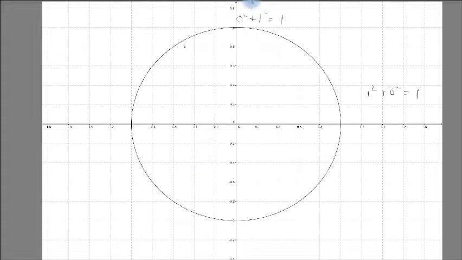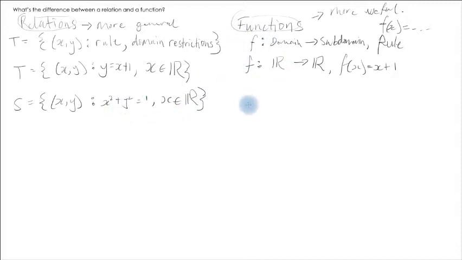Now, the question here is, why does this not work for a function? Well, let's try. For the function, we've got real numbers again, mapping to real numbers. Now we try to write the rule. It has to be a function of x, so some input yields some sort of output. So in other words, we've got to rearrange this rule, x squared plus y squared equals 1, so it's in the form of y equals something, and then we can replace the y with a function of x.